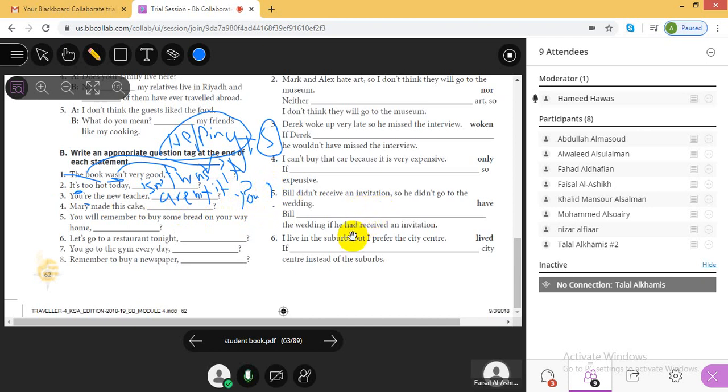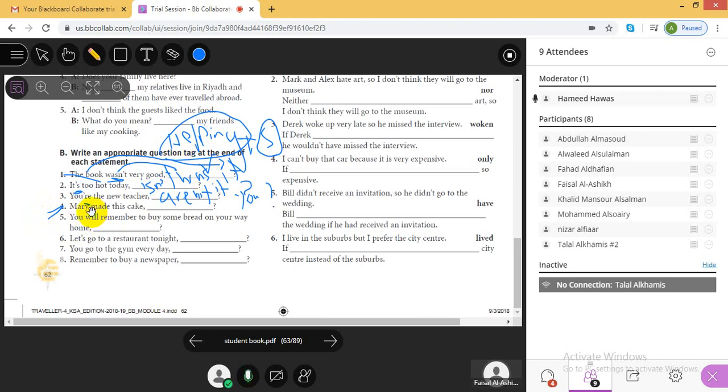The next one. Very good, Muhammad. Mary made this cake. In this sentence, number 4, we don't have a helping verb. Where will I bring the helping verb from?